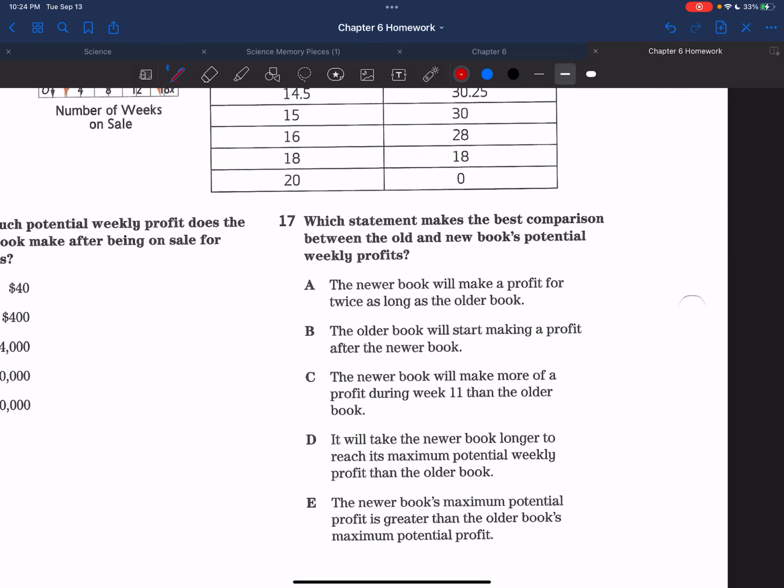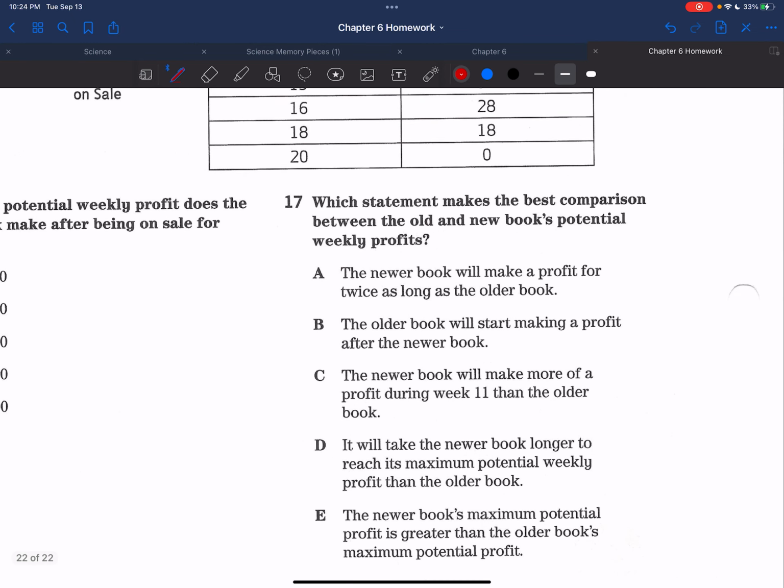And then number 17, which statement makes the best comparison between the old and new book's potential weekly profits? The newer book, that's the table, will make a profit for twice as long as the older book. The older book will start making a profit after the newer book.